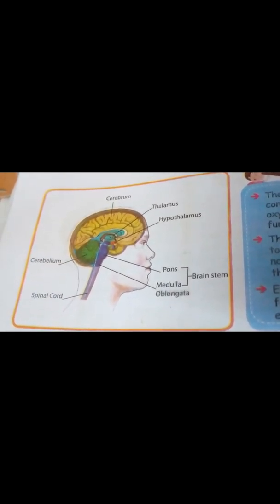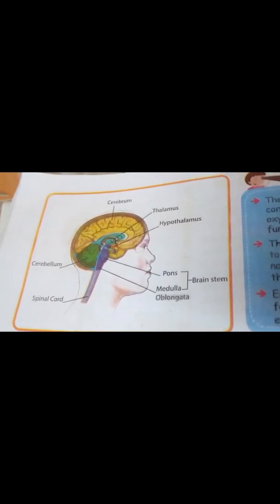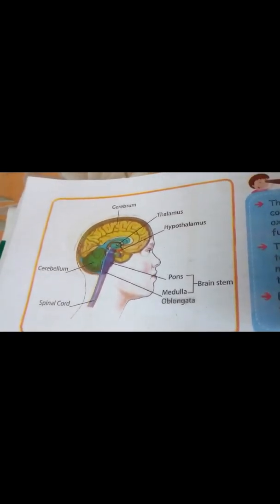Next, nervous system is peripheral nervous system, PNS. The peripheral nervous system consists of nerves extending from the spinal cord to all parts of the body. It is made up of two parts. First one is somatic nervous system.